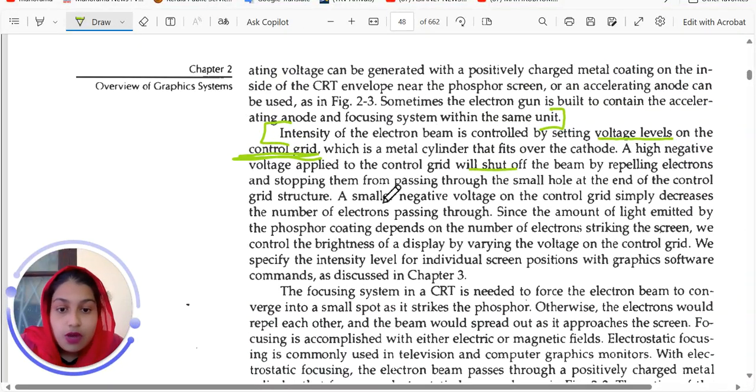Okay. By repelling electrons and stopping them from passing through the small hole at the end of the control grid structure. Now, a smaller negative voltage on the control grid simply decreases the number of electrons passing through. Since the amount of light emitted by the phosphor coating depends on the number of electrons striking the screen, we control the brightness of a display by varying the voltage on the control grid. Okay.